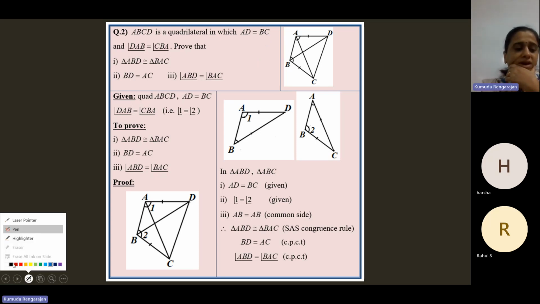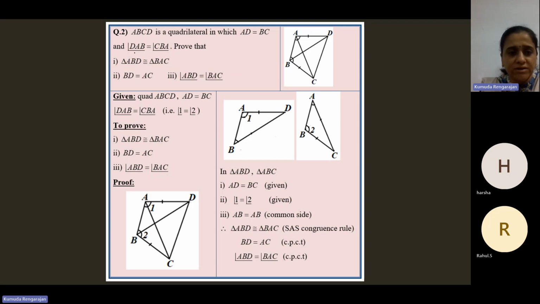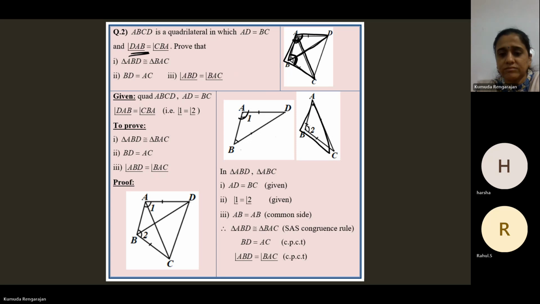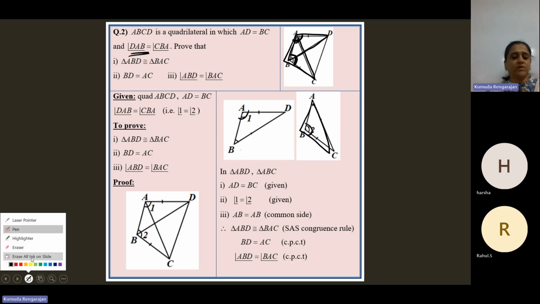And mark carefully angle 1 and angle 2. It's given here, DAB, this full angle of this triangle. I've called it angle 1, and it is equal to CBA, this angle of this triangle, angle 2. Clearly angle 1 is equal to angle 2.